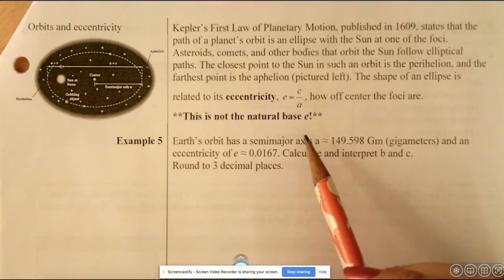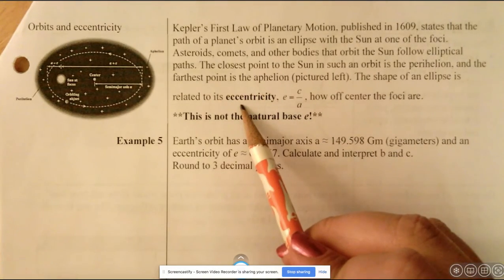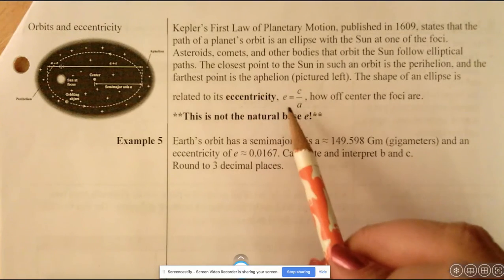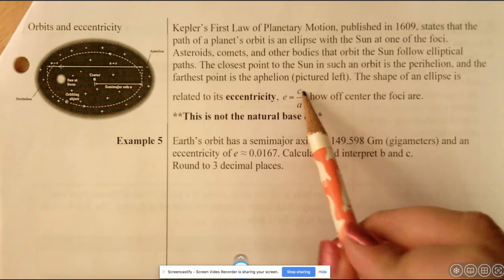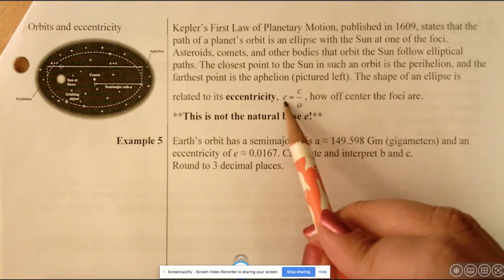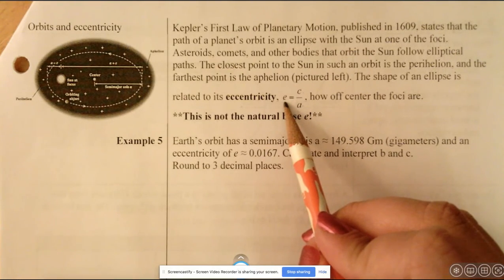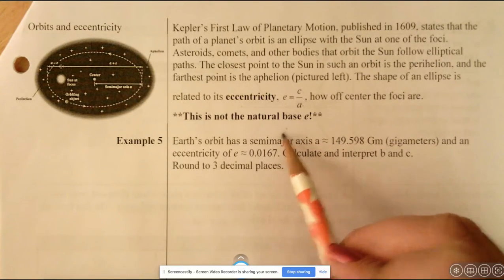The shape of the ellipse, so how far it's stretched, is called its eccentricity. So E is C divided by A. The distance to the focus divided by the distance to the vertex. So it's saying how far off is it from a circle. Now this E for eccentricity is not the natural base E. So this is not the E that's 2.71.